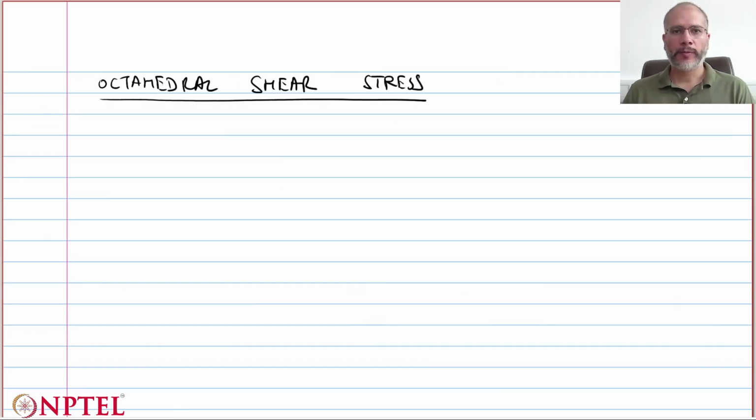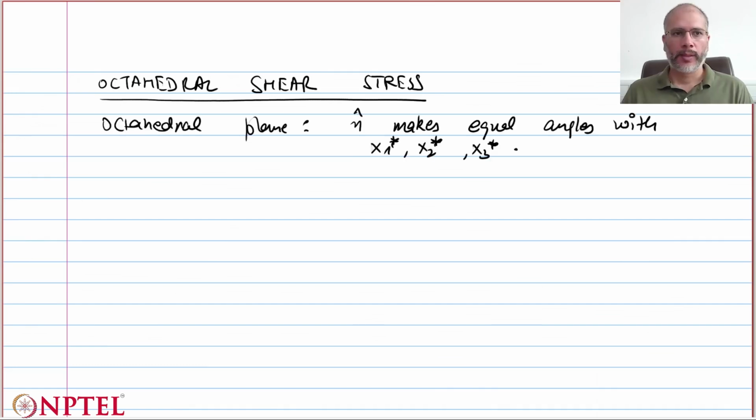So first we have to define the octahedral plane. The definition of an octahedral plane is that it is that plane for which the normal n hat makes equal angles with the three principal directions of sigma. It's important that it has to be principal directions, not any directions.